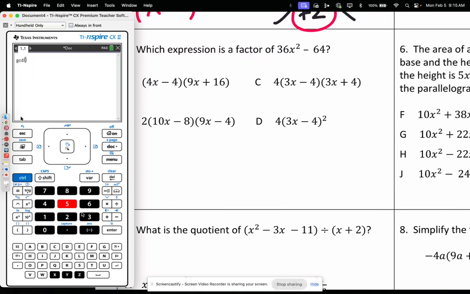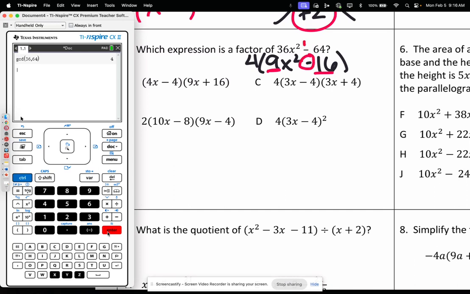You can do on the calculator only 2 numbers. So 4. When we take out a 4, we have 9x squared minus 16. And if you notice, 9 is a perfect square and 16 is a perfect square. So we can use our shortcut.